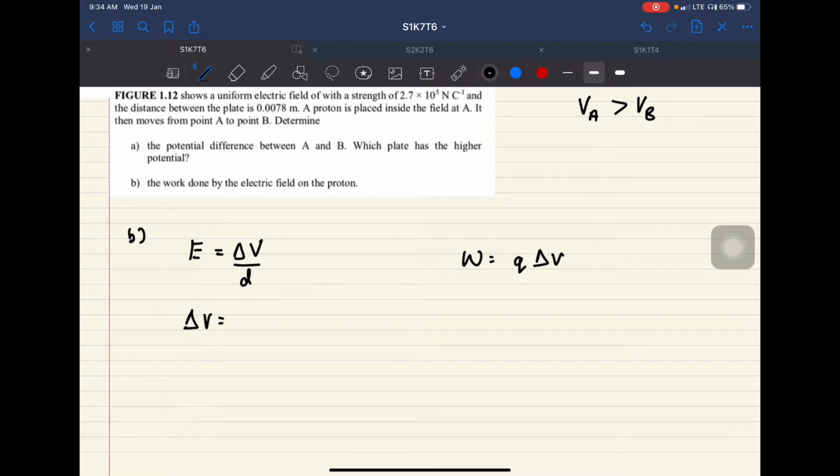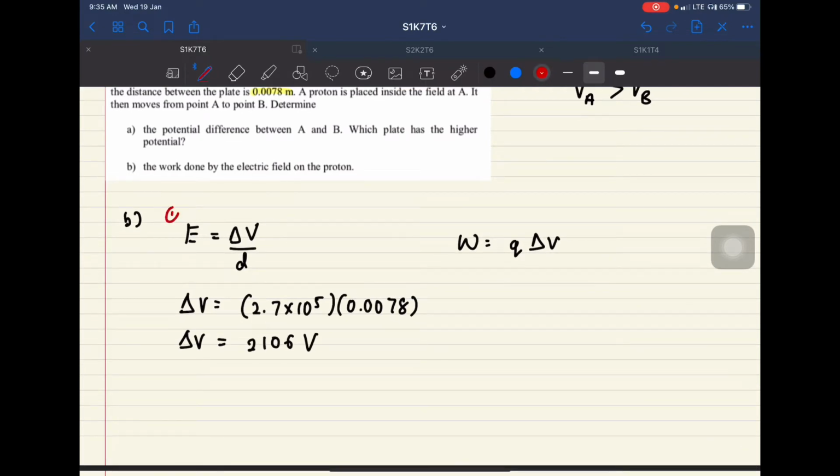So my delta V is equal to E, which is 2.7 times 10 to the power of 5, stated over here, and then the distance D is 0.0078. Your delta V, you will get 2106. Yeah, 2106. So this is the first step. The second step, obviously, you have to find the work.